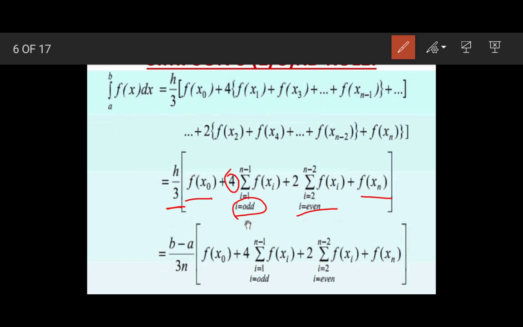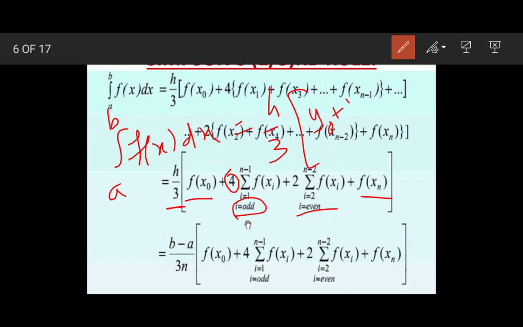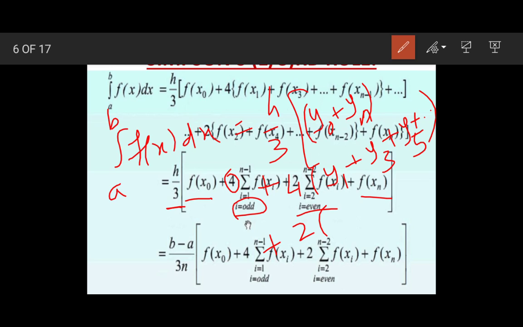So this formula can be written as integral a to b f of x dx is equal to h upon 3 into y0 plus yn, first value plus last value, plus 4 into odd numbers, so y1 plus y3 plus y5 and so on, and plus 2 into even values, so y2 plus y4 plus y6 and so on.